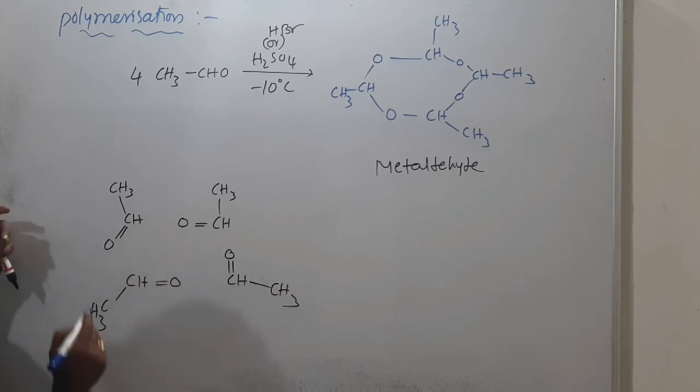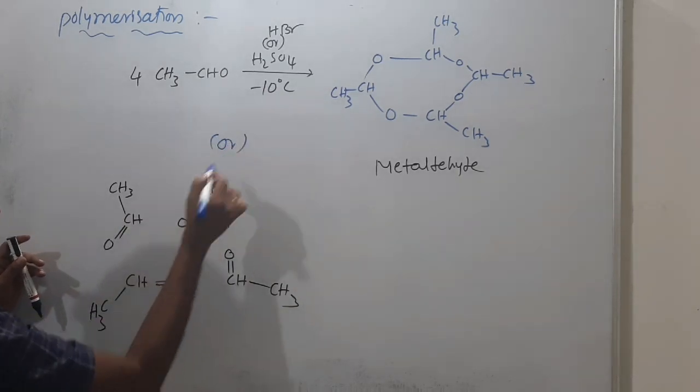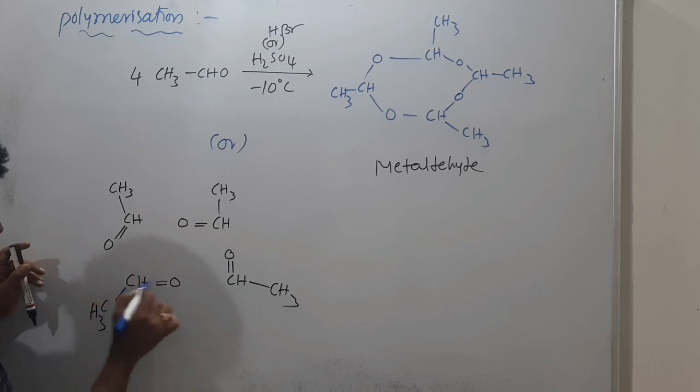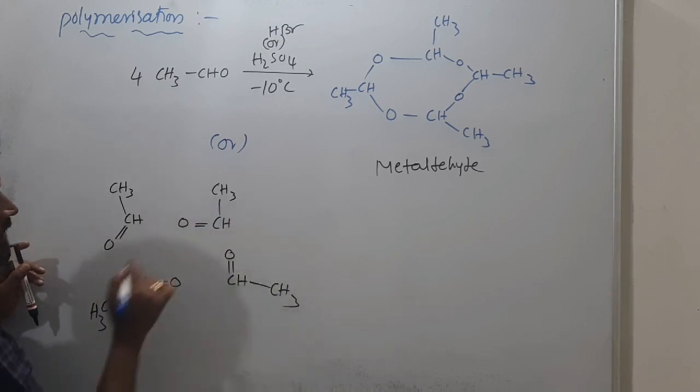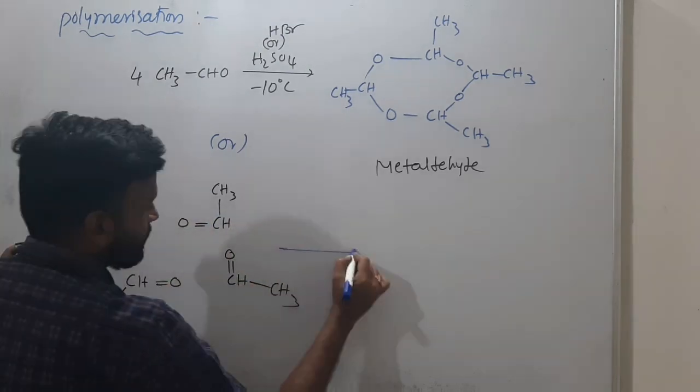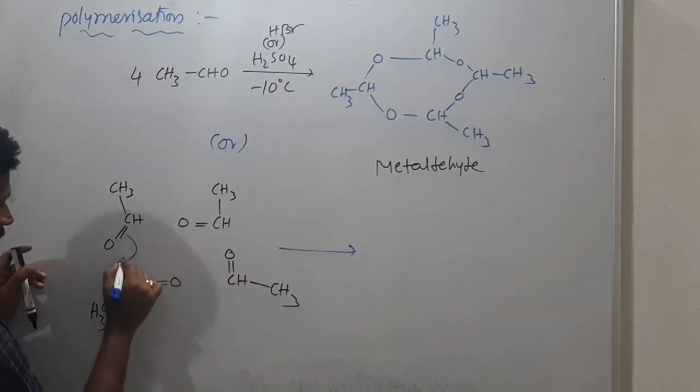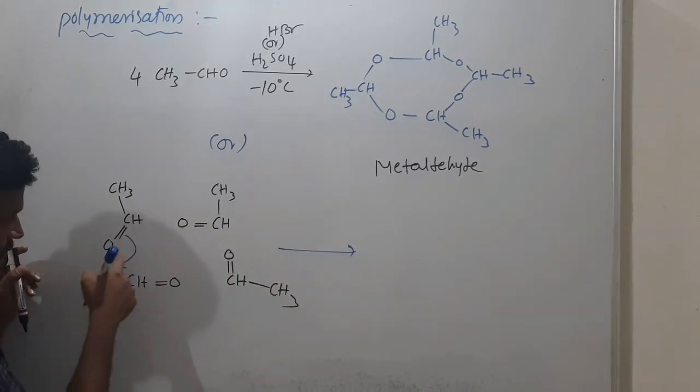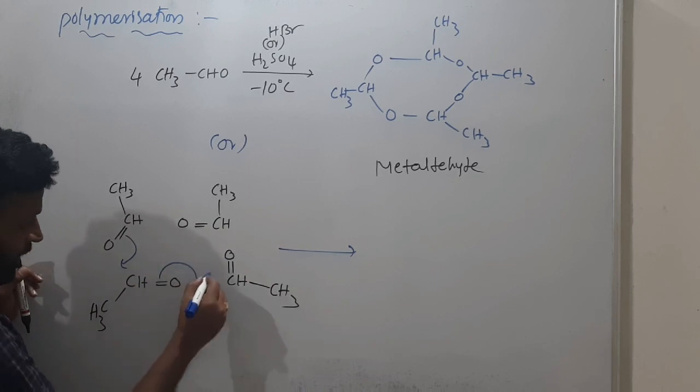So I took 4 moles. This or this, both are the same: CH3CHO four times. What will happen? The double bond, the pi bond, will migrate over here, and over here.